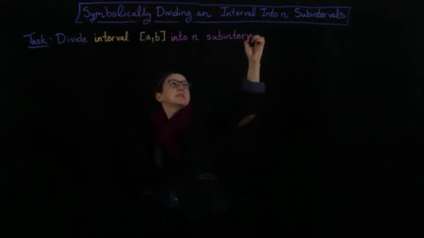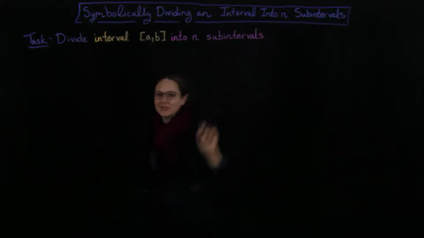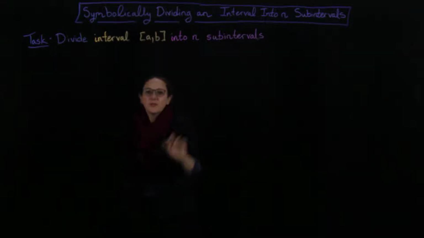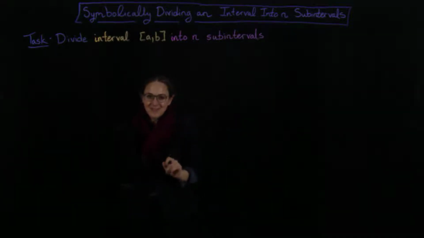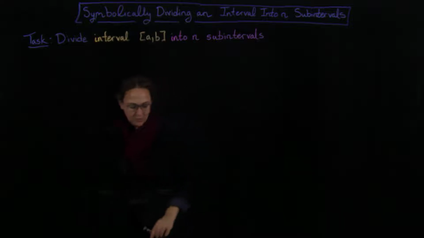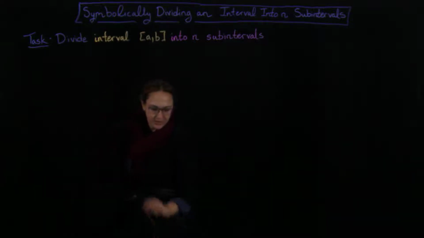I don't know what this number is, so there's a lot of abstraction in here. We don't know what the endpoints are, and we don't actually know what this number n is, but that's okay. We're going to do it always the same way. But let's start with the picture.